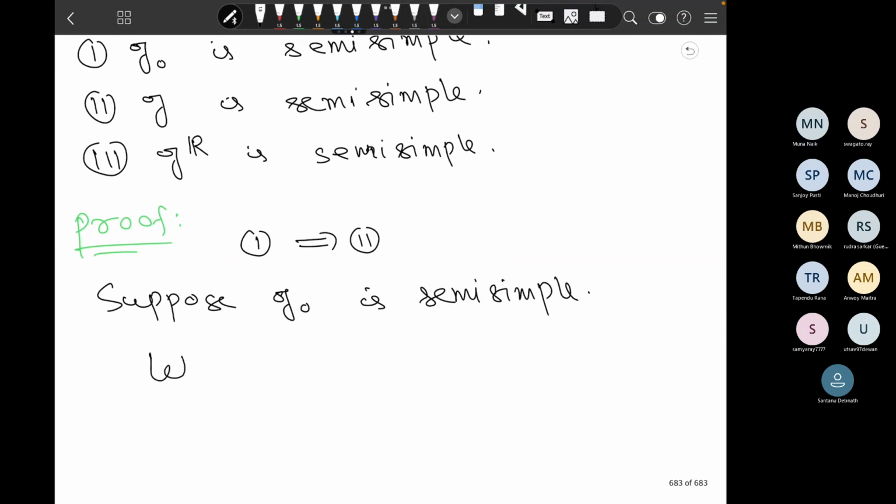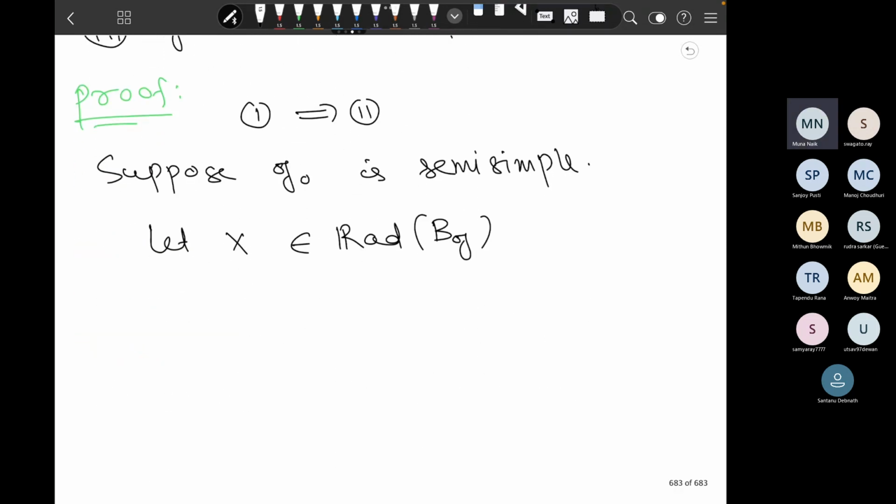So let X belong to the radical of BG. I have to show that this X is equal to 0, since G is semi-simple.